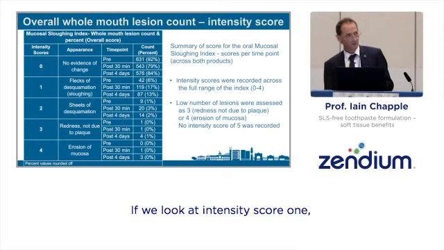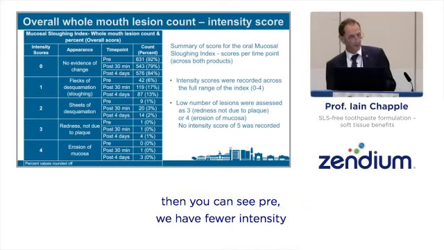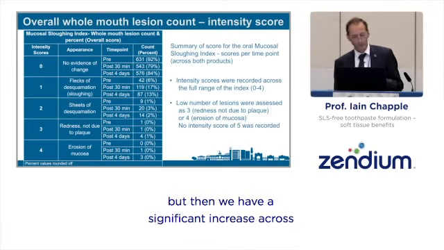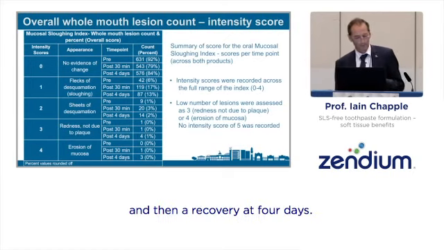If we look at intensity score 1, then you can see we have fewer intensity score 1s because they're all in the 0 category, but then we have a significant increase across the whole study at the post 30-minute period, and then a recovery at 4 days.